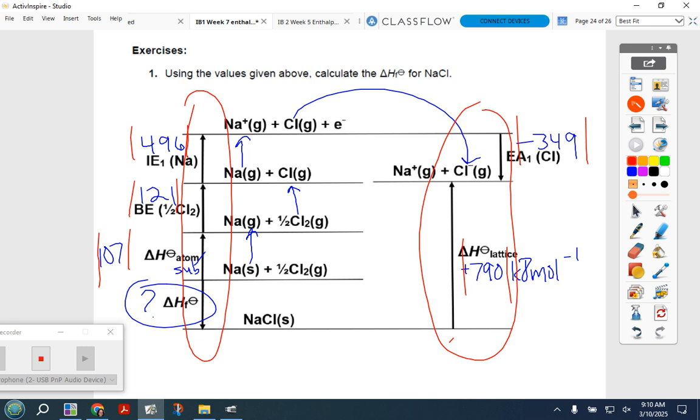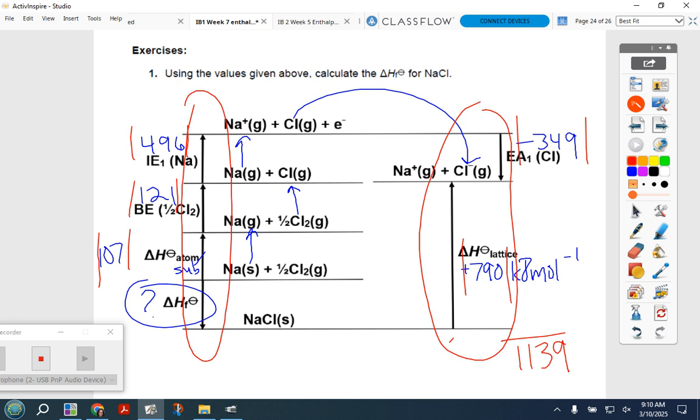So we take our numbers and we say 349 plus 790 is going to be 1139. That means that this also has to equal 1139. So our 496 plus 121 plus 107 is 724.